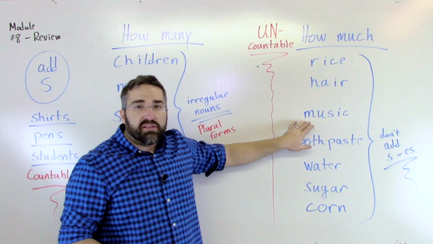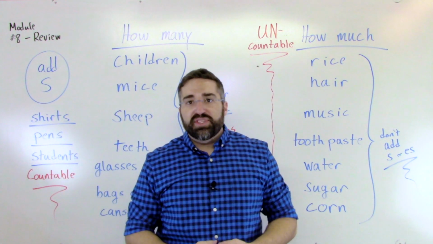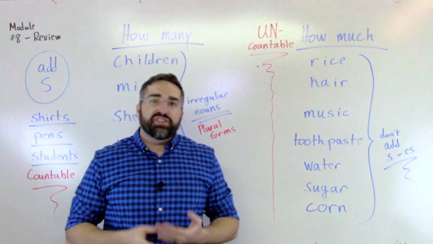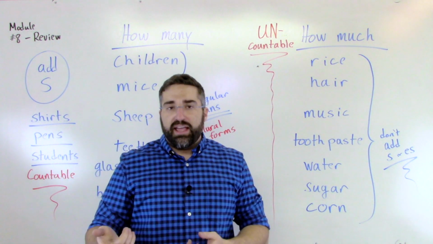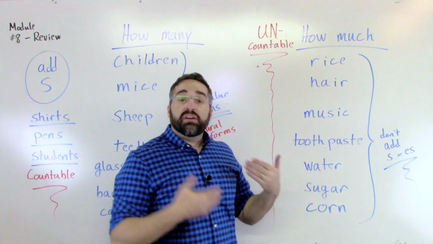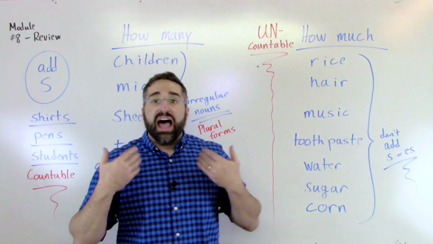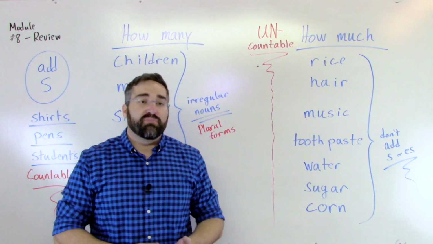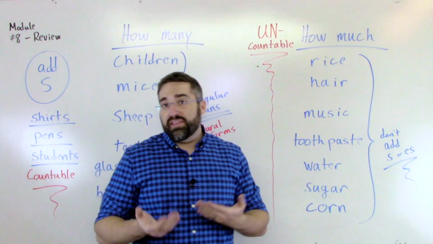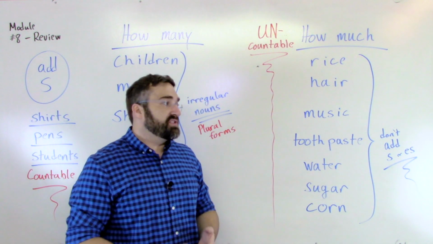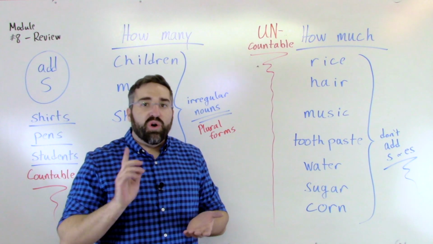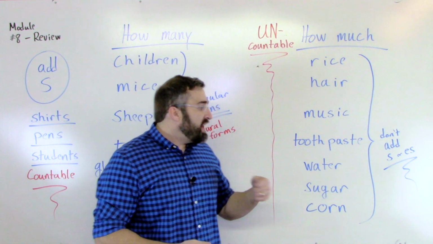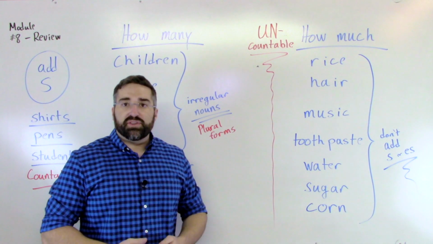Or music, right? Do you like to listen to music? And when I ask this, I don't mean, do you like to listen to one song again and again? I ask, do you like music in general, the idea, the concept of music, the hobby perhaps of music? Do you like playing music? And I don't mean just one tune over and over. So make sure that we understand this, okay?